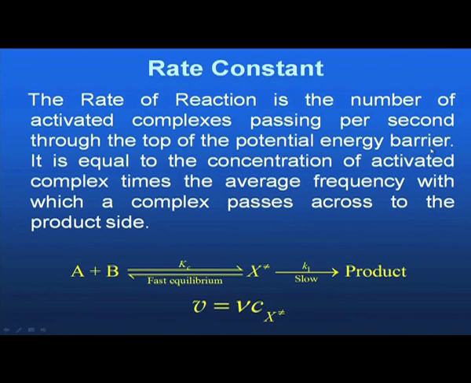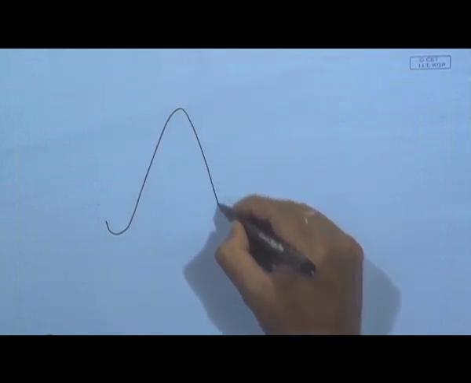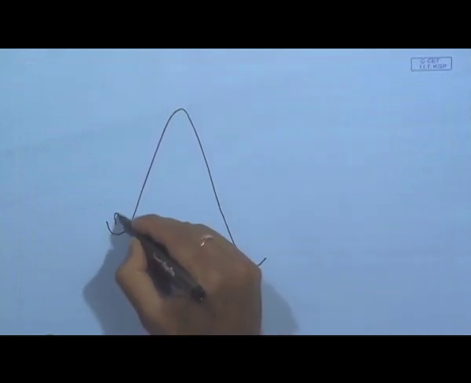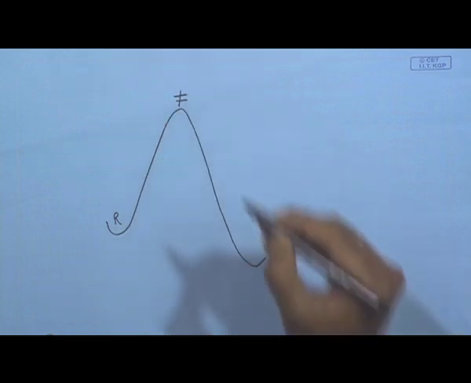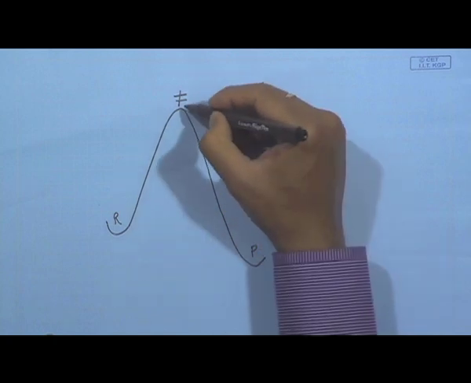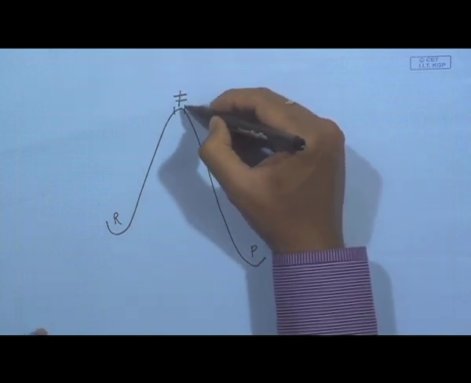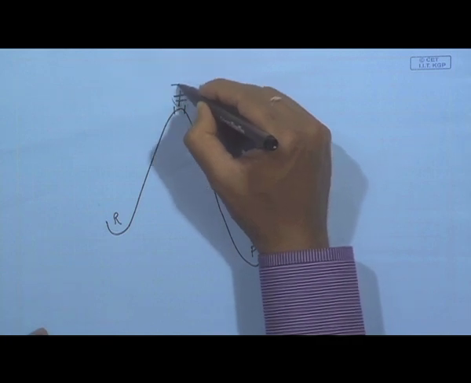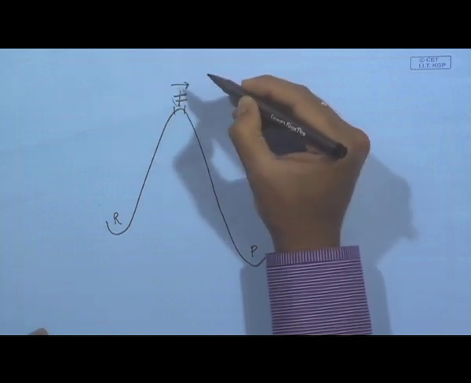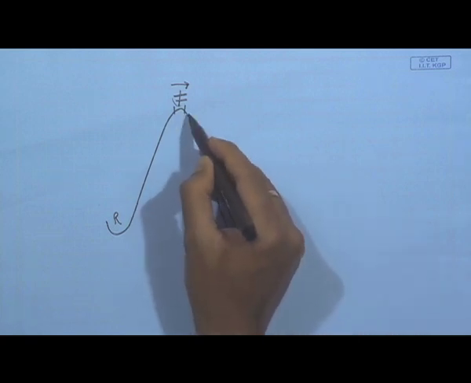So, you started from here, moved to this one, and then you are here. This is your reactant side, this is your activated complex, and this is your product side. So, reaction rate is nothing but the number of this species passing per second through the top of your potential energy barrier.